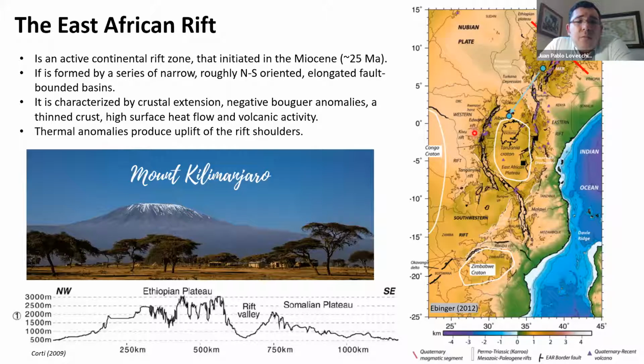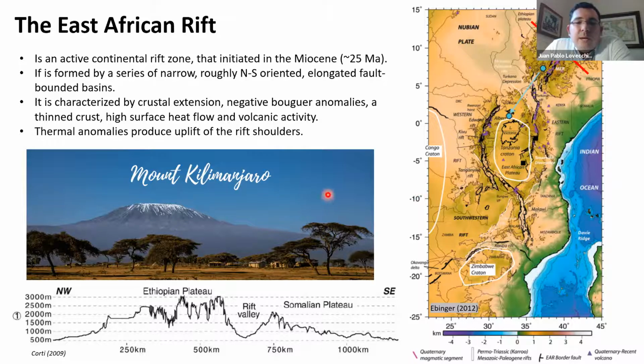It's formed of a series of narrow, roughly north-south oriented, elongated fault-bounded basins. And it's characterized by crustal extension in the east-west direction, or approximately east-west, negative Bouguer anomalies, thin crust and lithosphere, and a high surface heat flow and volcanic activity.